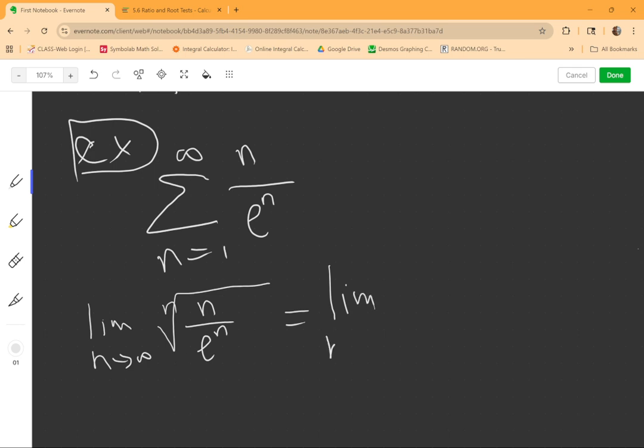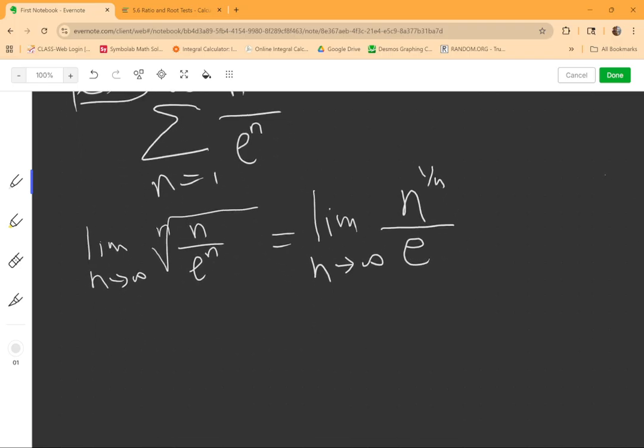The limit as n goes to infinity: the nth root of n is n to the 1 over n, and in the denominator, the nth root of e to the n is simply e. The denominator is a constant, so I can just focus on the limit as n goes to infinity of n to the 1 over n.